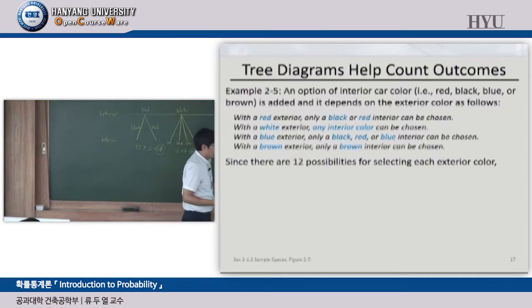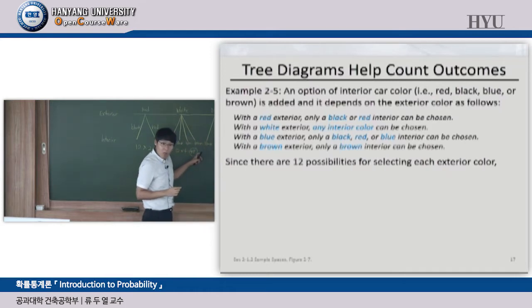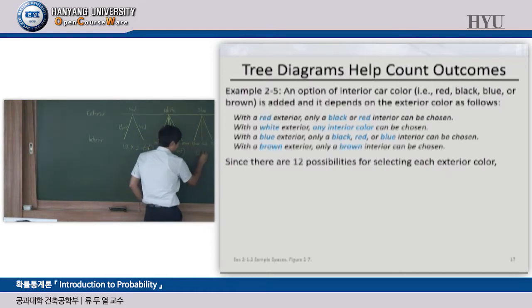And in the case of the blue exterior color here, we have 3 options for selecting the interior color, including black, red, blue. In this case, the total number of outcomes will be 12 multiplied by 3, 36.